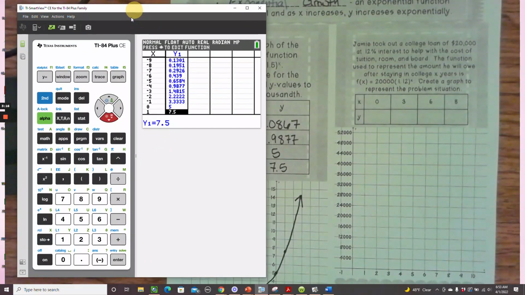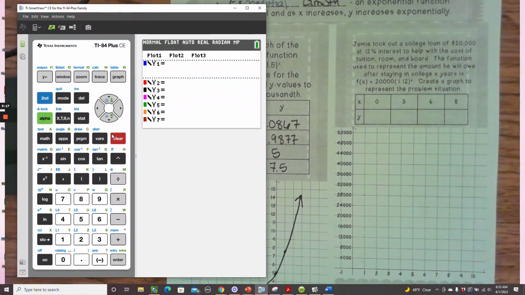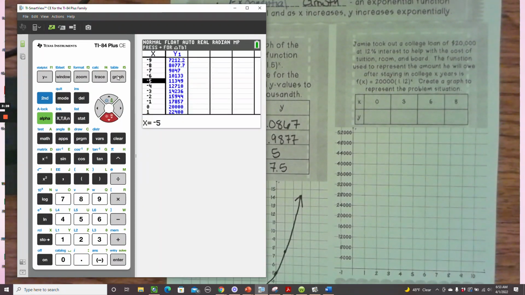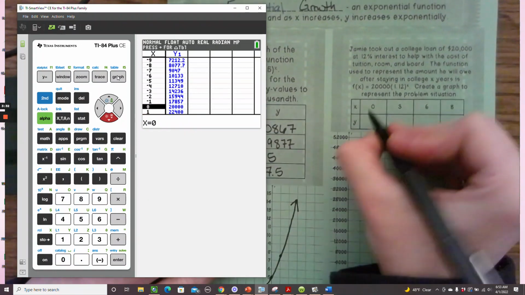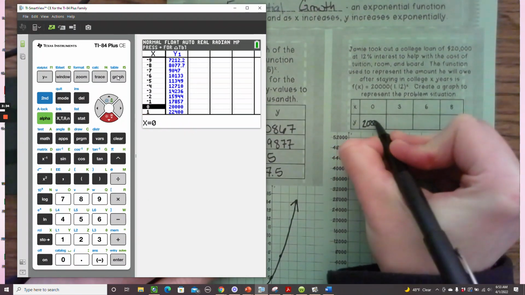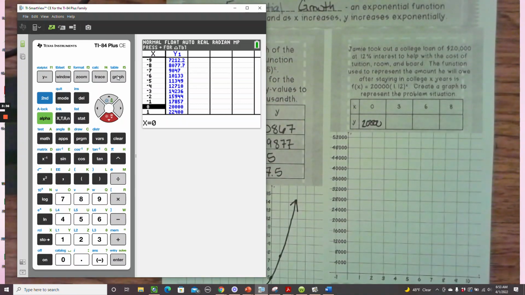So we're going to go back into our y equals, and we're going to do 20,000 times 1.12 to the x power. Go to the table. We're starting at 0 this time, and the value of 0 is 20,000. Now since we're talking about money, you've got two options. You can round to the nearest dollar, or you can round to the nearest cent, which would be the hundredths place.